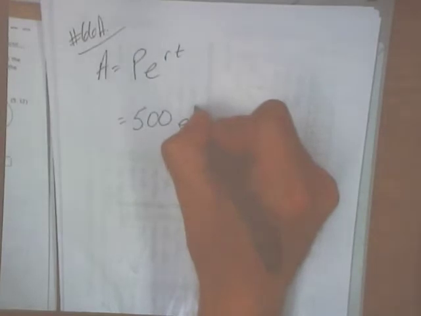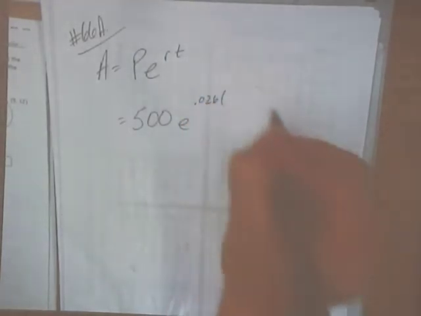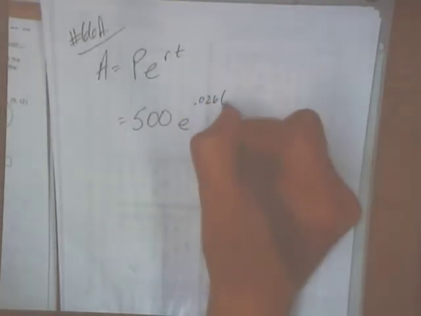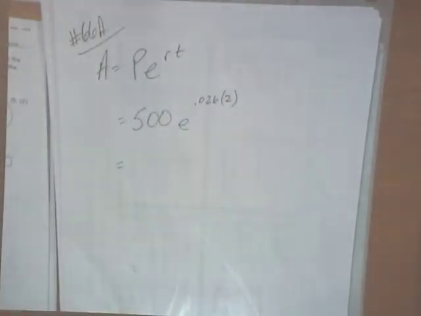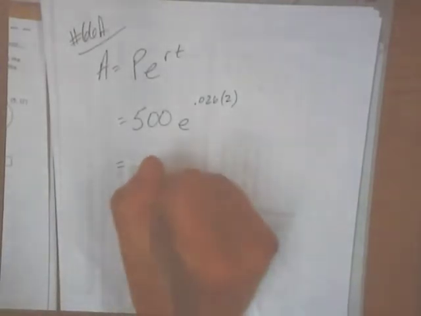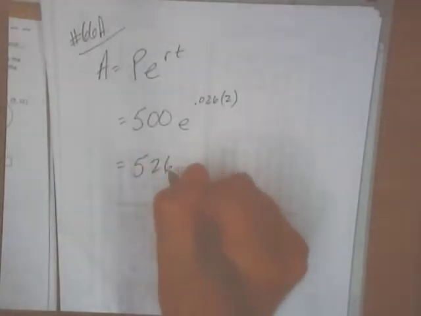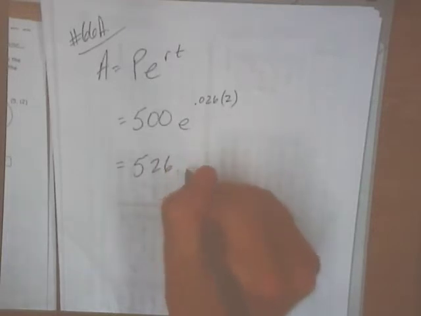The rate would be 0.026, and time would be after 2 years. So if we plug that in a calculator, I got $526.69.